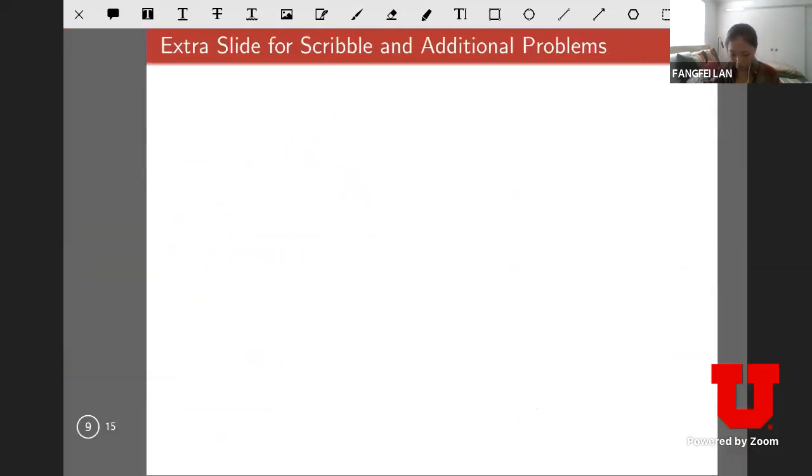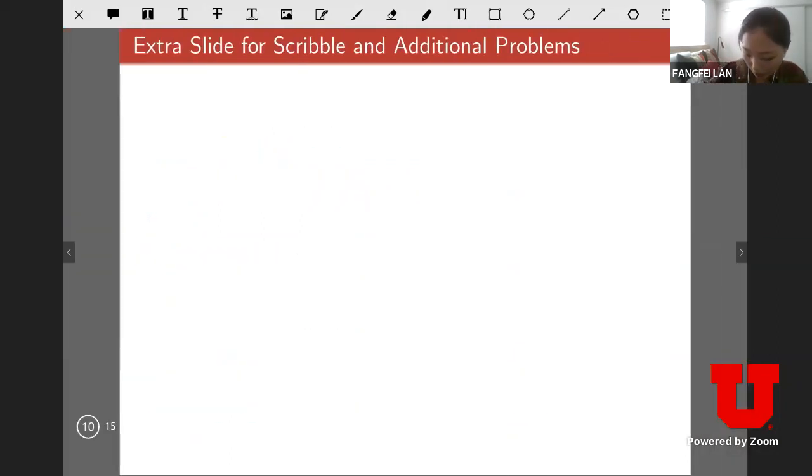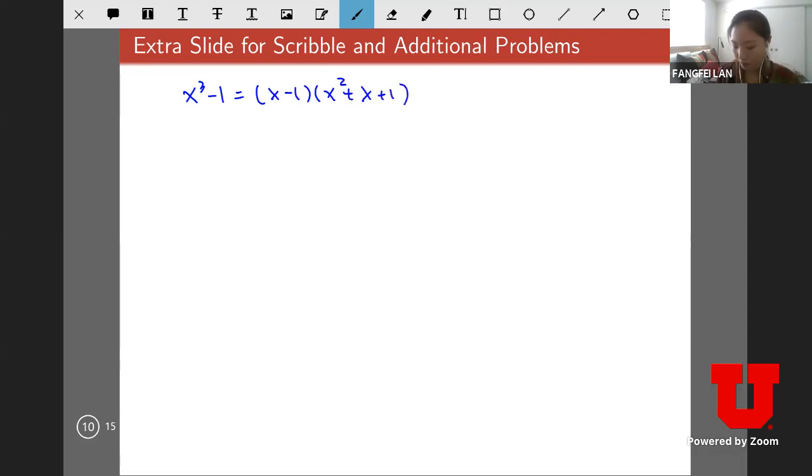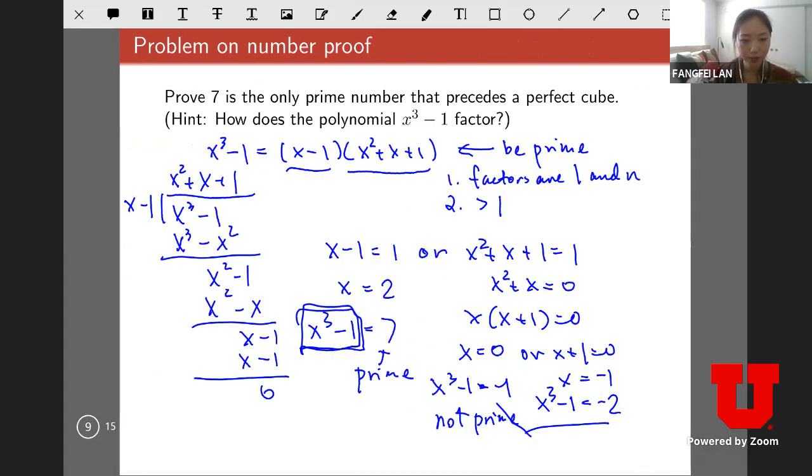And there's also another way. We have the same thing, x cubed minus 1. We factor it again. First of all, any questions about this first part of the proof? Does this make sense?